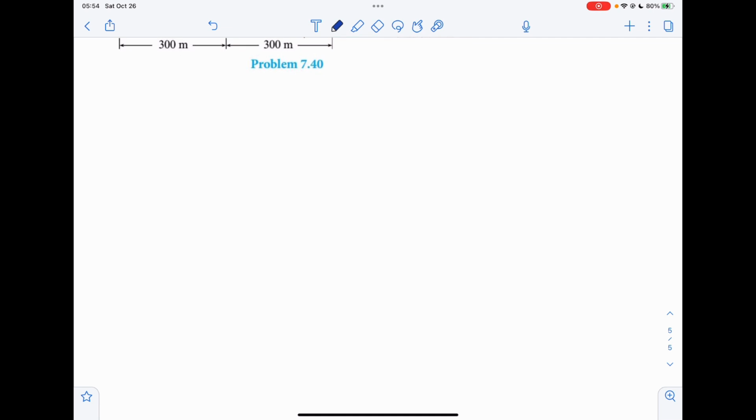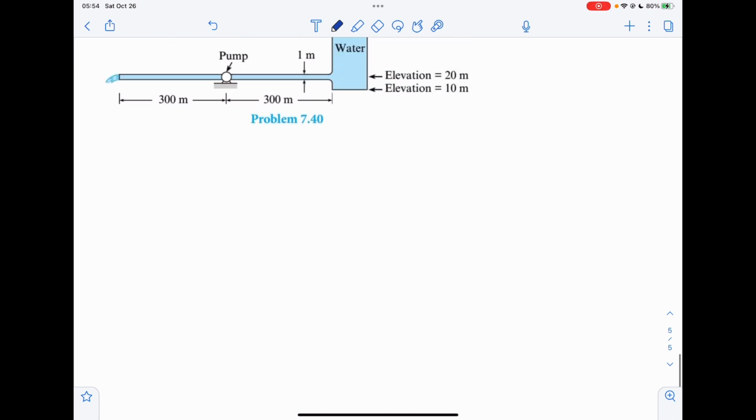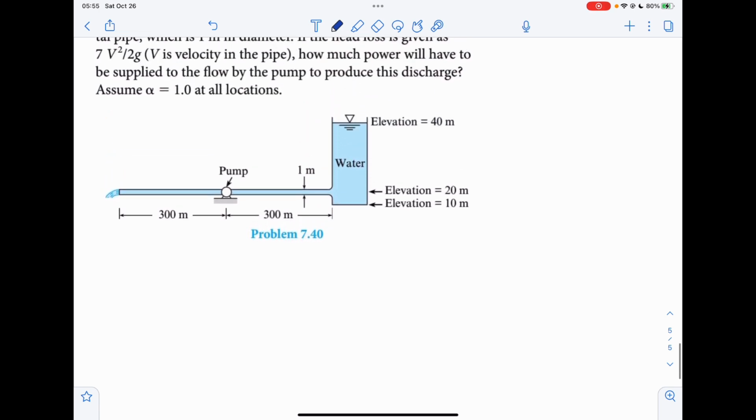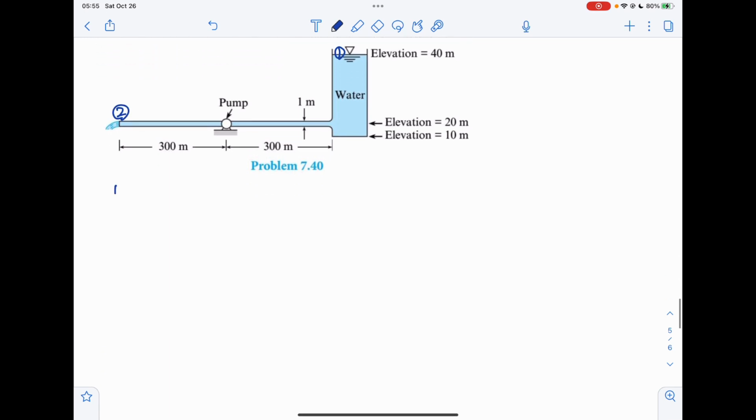So let's first write down the energy equation between the point at the water surface and the point at the outlet. P1 over gamma plus V1 squared over 2g plus Z1.